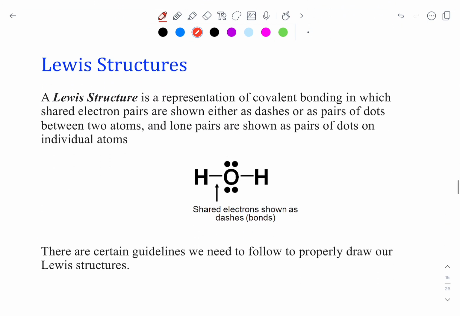Okay, so let's get into drawing these structures. How do we classify our structures? How do we draw them? Everything like that. So, as we said before, a Lewis structure is a representation of covalent bonding, in which shared electron pairs are shown either as dashes or pairs of dots between two atoms, and lone pairs are shown as pairs of dots.